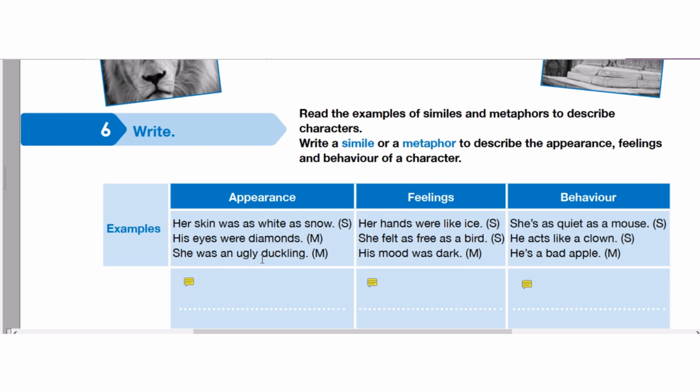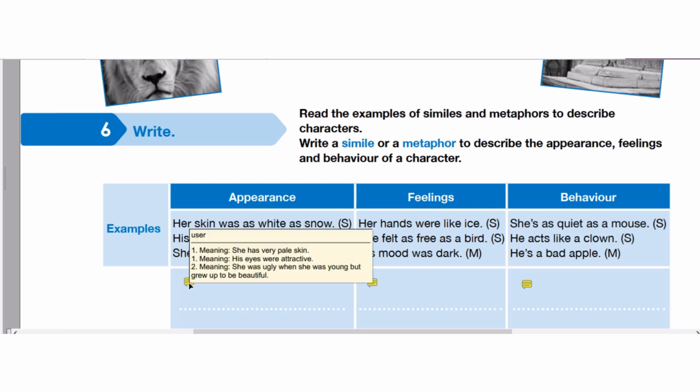It was when the duckling was so young, it was ugly. But when it grew bigger and became a beautiful duckling, it means that she was ugly when she was young, but when she grew up to be beautiful, she became very beautiful.